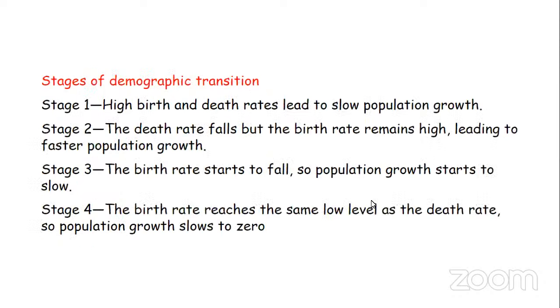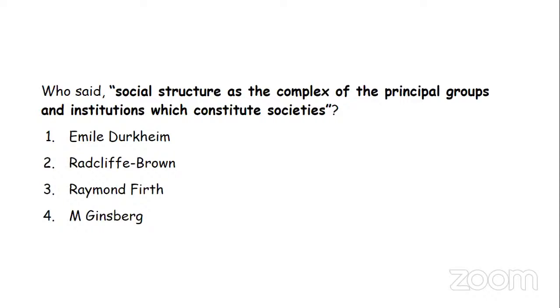Now let's move to the next question. It is a statement. Who said the statement: social structure as the complex of the principal groups and institutions which constitute societies? The options are Durkheim, Radcliffe Brown, Raymond Firth, and Morris Ginsberg.